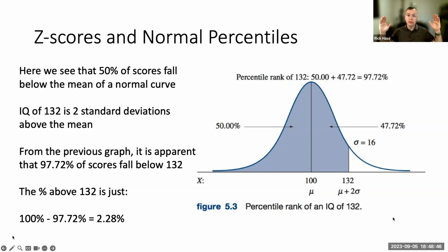Again, we'd go back to that law of probability that the whole thing is equal to 100% or 1.0. 2.28%. Something around that, right? If we've got 97.72 below, then we'd have to have about 2.28 above, right? So again, thinking about your friend being smart, what does that mean?